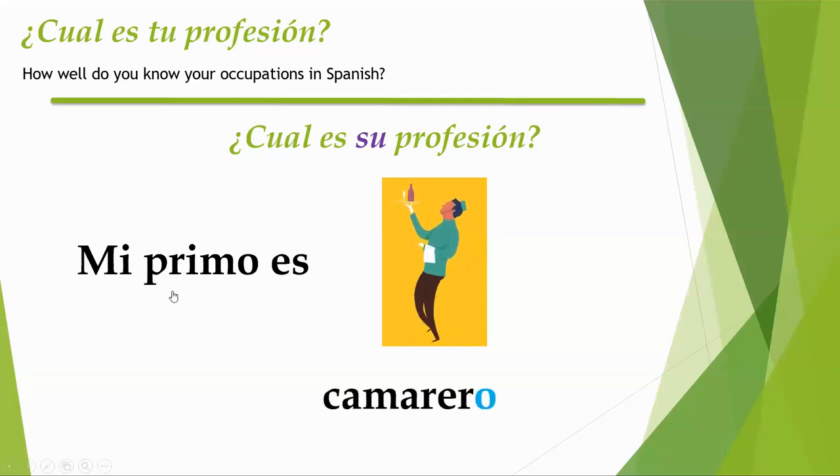Es camarero, okay? And if it was a female, what would the response be? Camarera. But you would also have to change primo. So what would it be? Mi prima. Exacto. Mi prima es camarera. All right, that's what you would say.